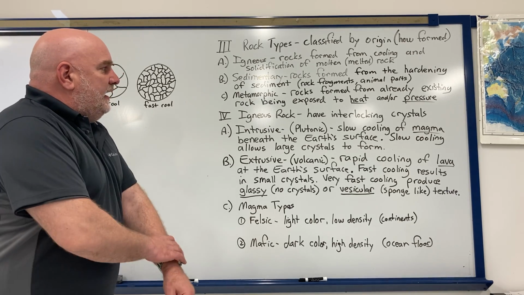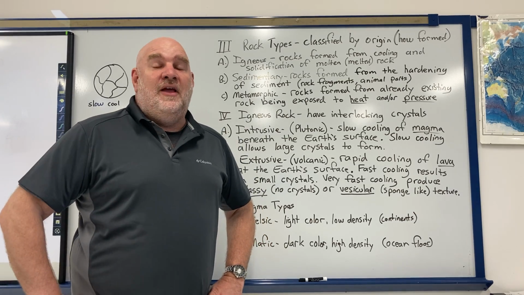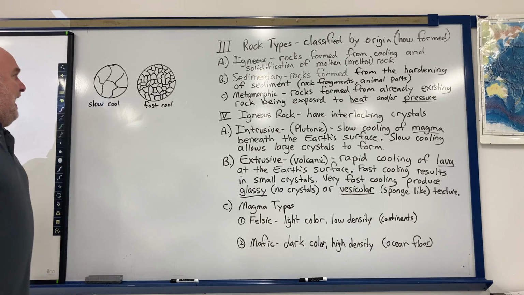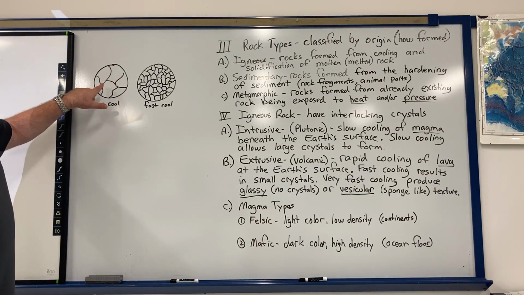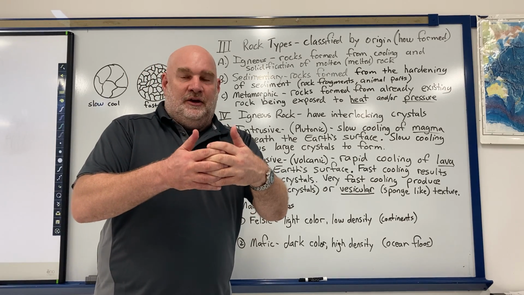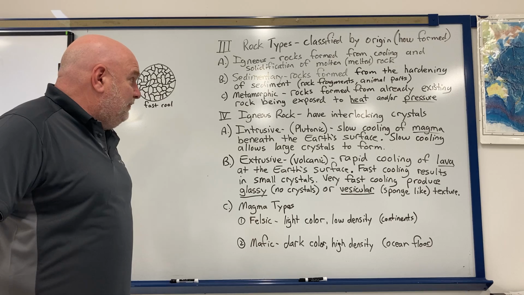Now, one of the key characteristics that's common with igneous rocks is most igneous rocks have interlocking crystals. So what that basically means is that the crystals kind of fit together like puzzle pieces. So there's no gaps between the crystals, they're interlocking. So that's a characteristic commonly found in igneous rocks.